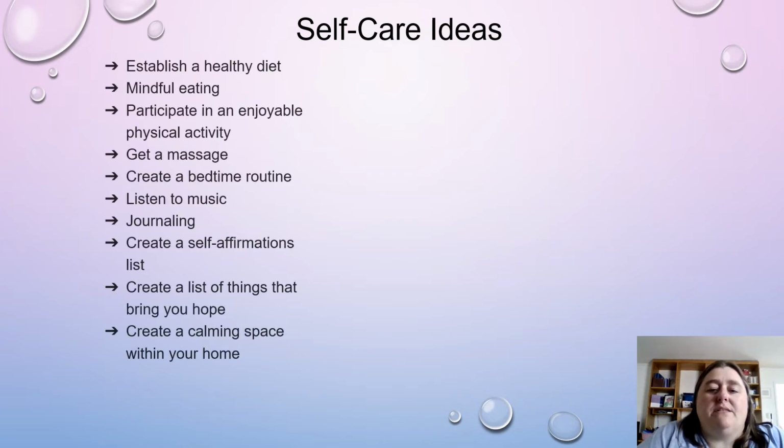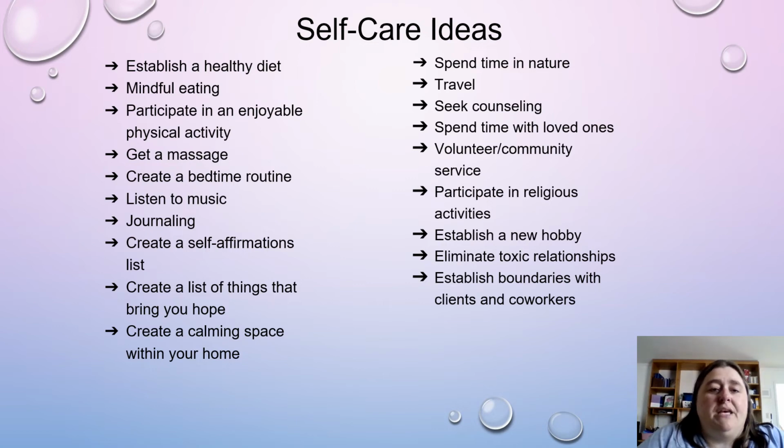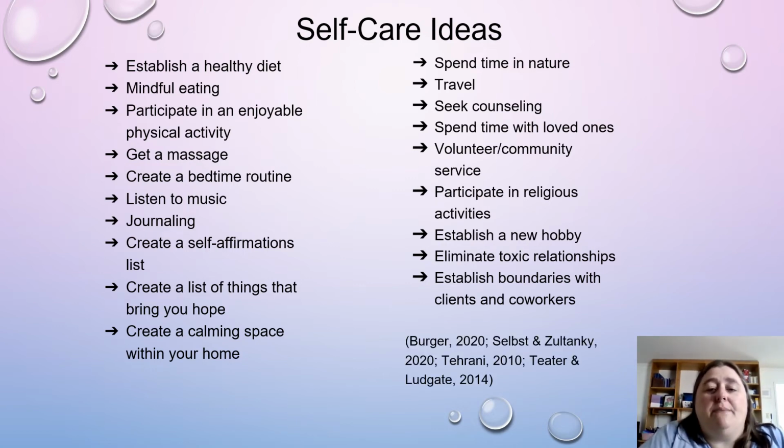There are many possibilities for activities that you can do for self-care. Those activities can include various types or categories of activity. So you could do things like working on your diet by establishing a healthy diet or participating in mindful eating. You can work on physical activity or get a massage or maybe even work on your bedtime routine.